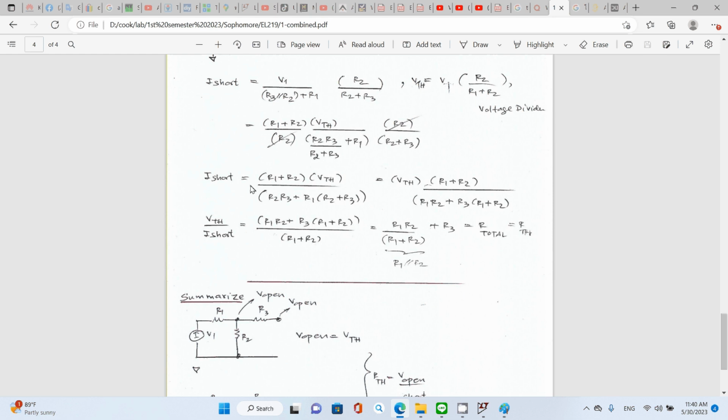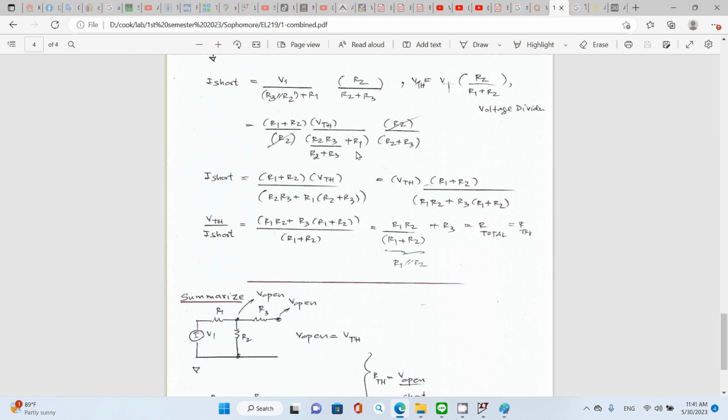Now you need to expand this term and rearrange the whole term. So you have R1 plus R2, and then you still have VTH divided by R2 R3 plus R1 R2, that's the common denominator.